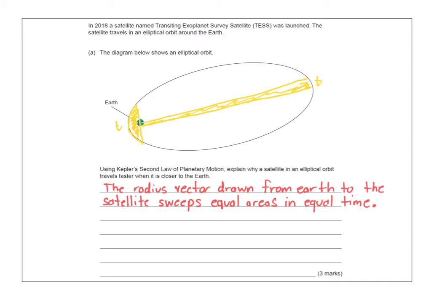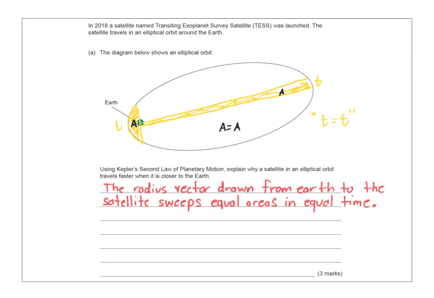So T equals T. It's just helping me think through this, and this area here will equal that area there. That's what that statement's telling us.